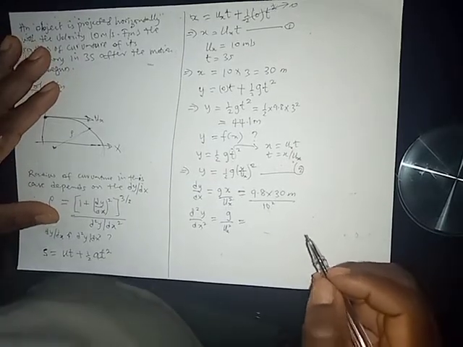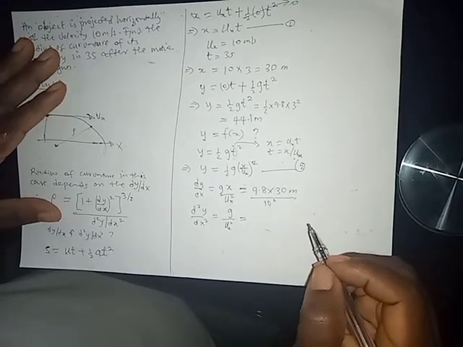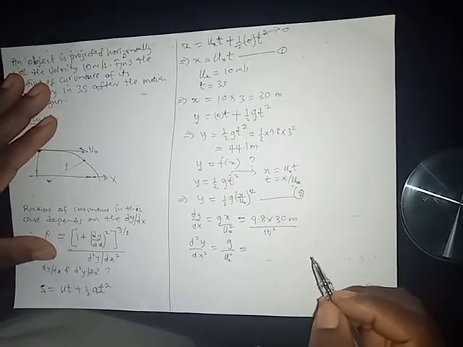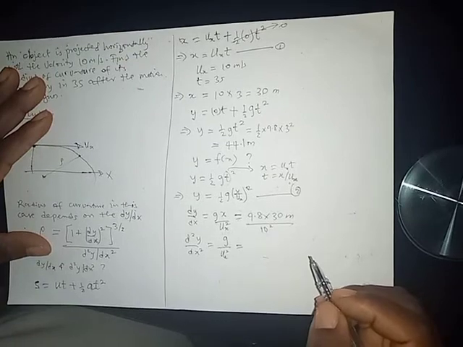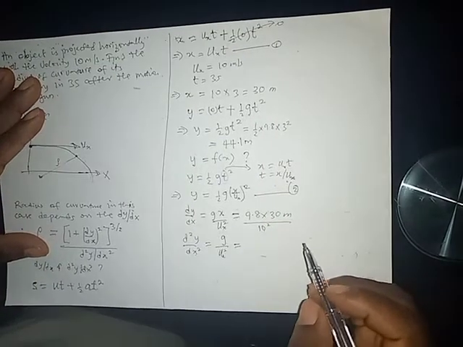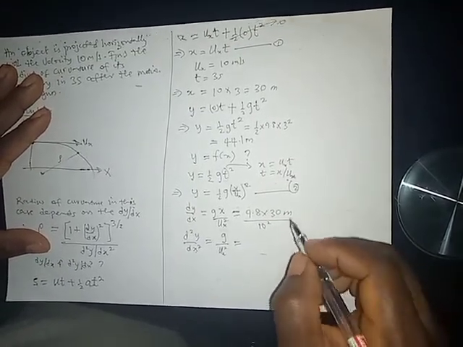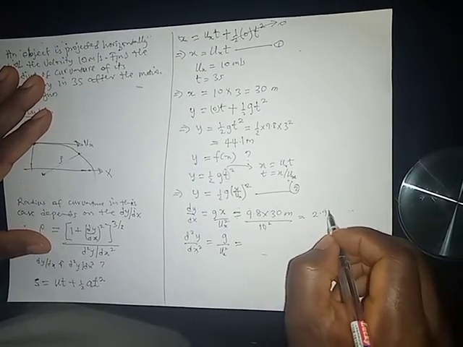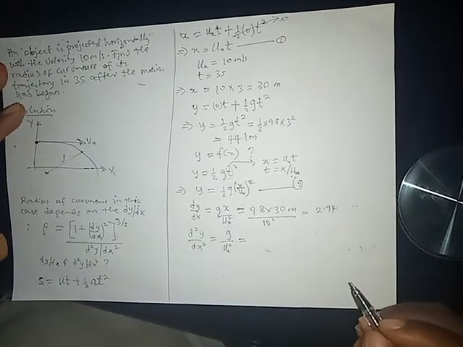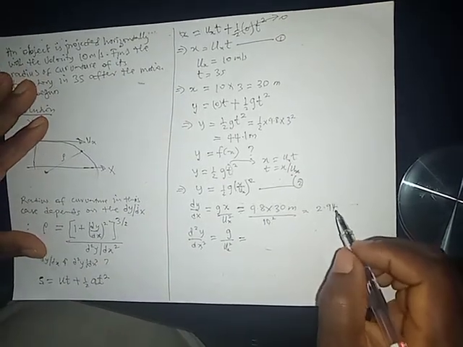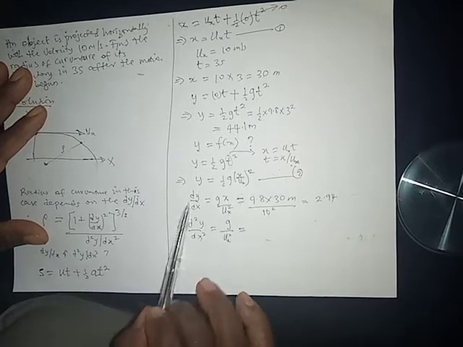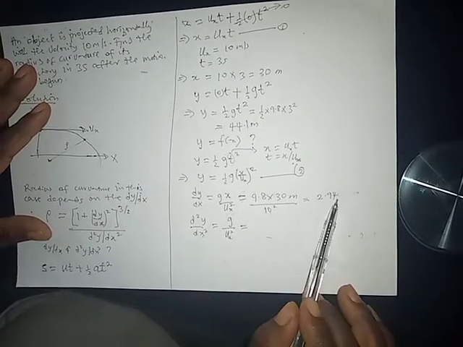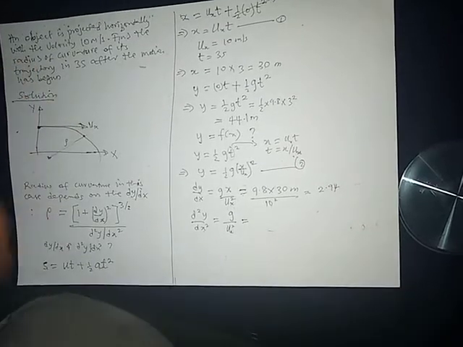So we'll use our calculator to resolve that. If we resolve it with our calculator, I think we'll get 2.94 approximately. 2.94 is a ratio of distances or displacement, so no unit, the unit will go off.